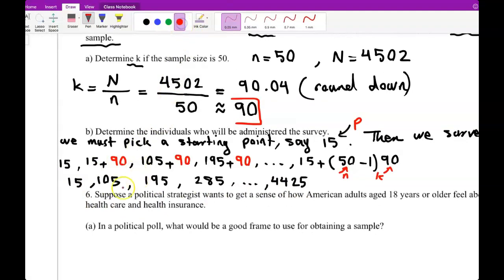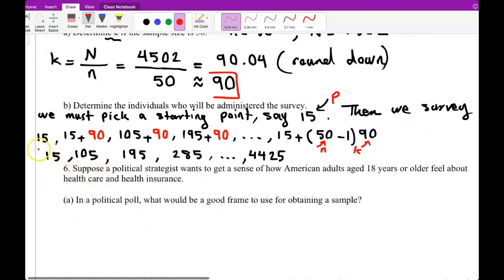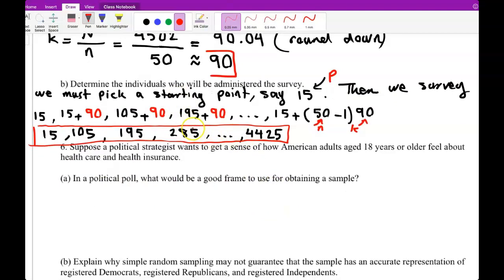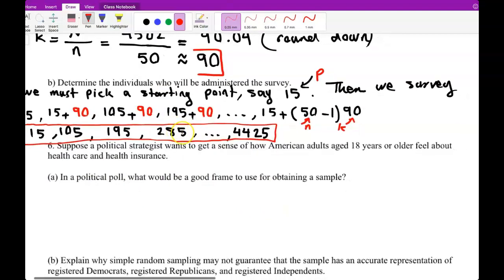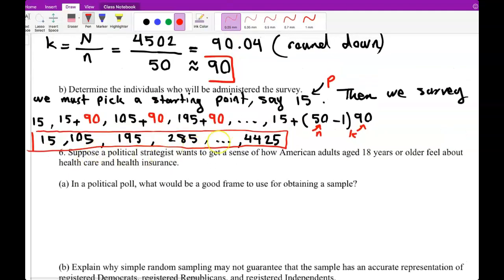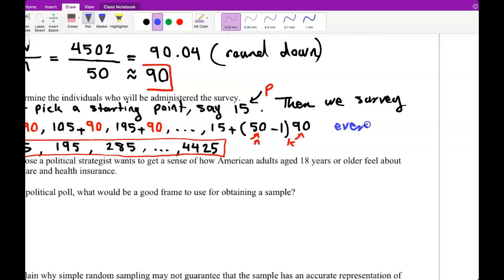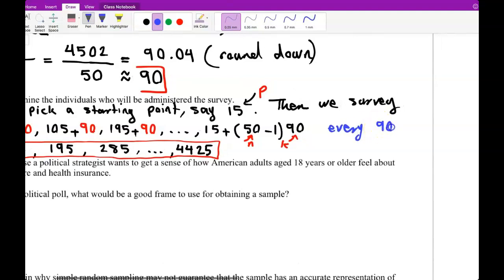This is our sample, and it's the final answer for part B. What we did here was select every kth individual to obtain the sample.